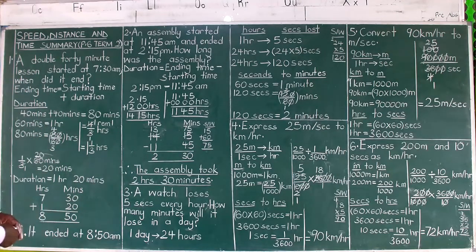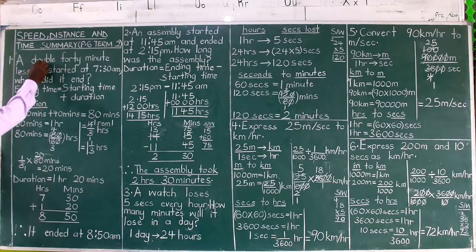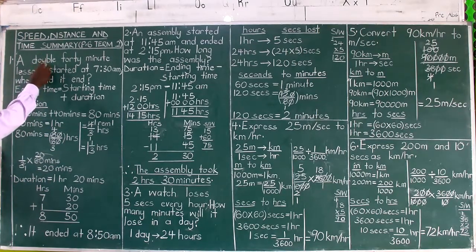Example number 1 reads: a double 40-minute lesson started at 7:30 a.m. When did it end? Here, the comprehension is central.